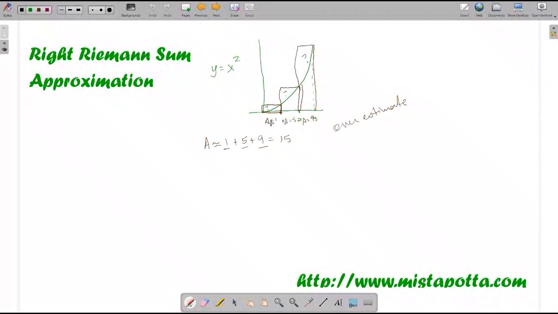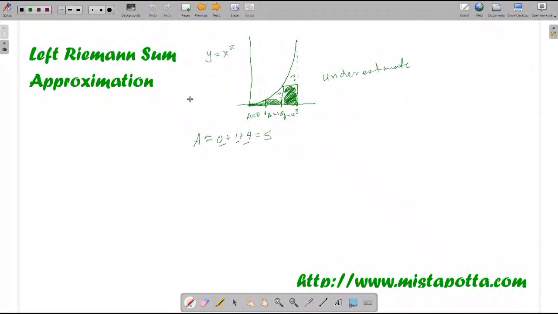I had the area of 1 and the area of 5. It was this area of 9 that disappeared between my left Riemann sum and my right Riemann sum. These areas were here, but this area was not. So the difference between a left Riemann sum and the right Riemann sum is just that one rectangle on the left for a left Riemann sum versus the one rectangle on the right for a right Riemann sum.